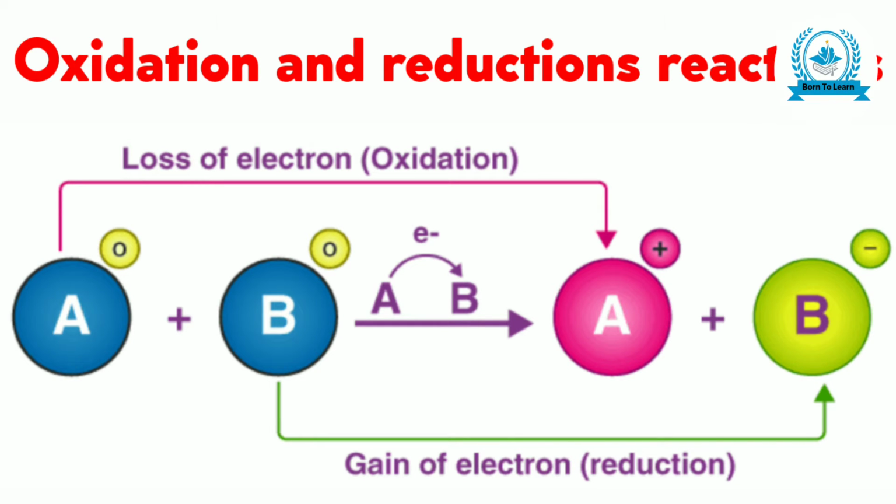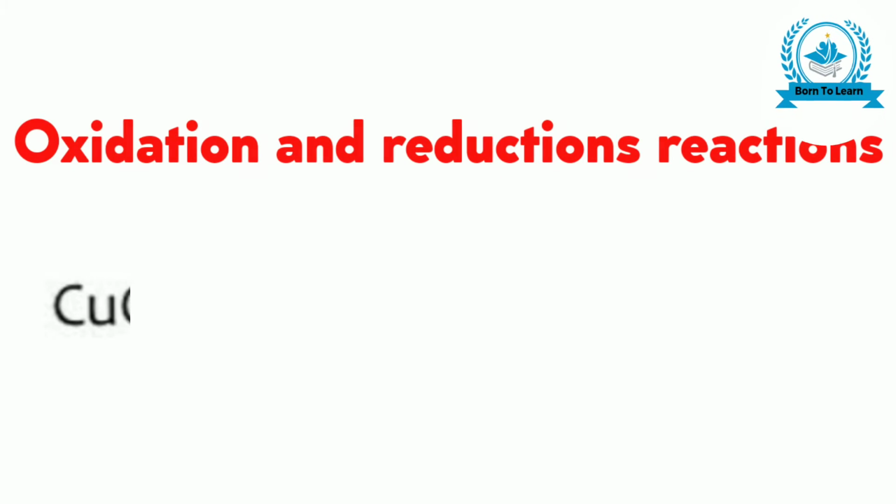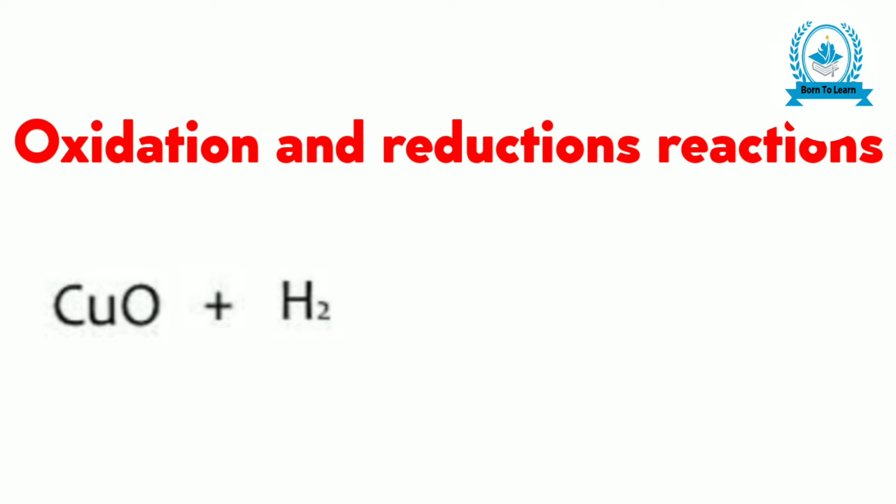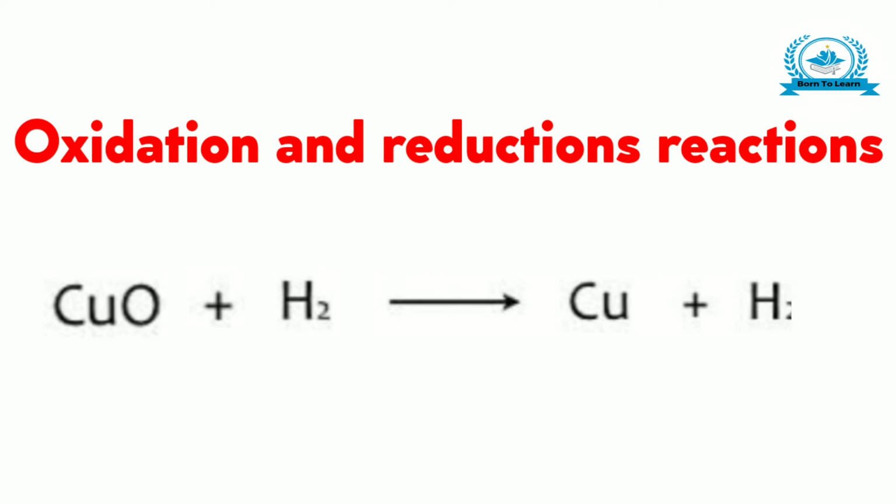Example: when copper oxide is heated with hydrogen, then copper metal and water are formed. CuO plus H2 gives Cu plus H2O. Copper oxide plus hydrogen gives copper plus water. 1. In this reaction, CuO is changing into Cu, that is, oxygen is being removed from copper oxide.